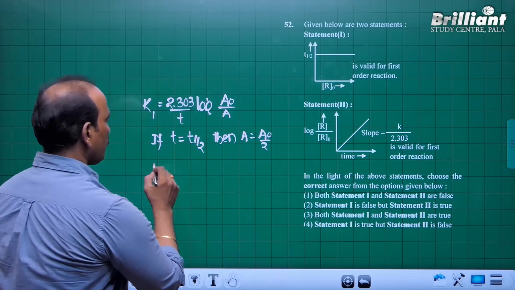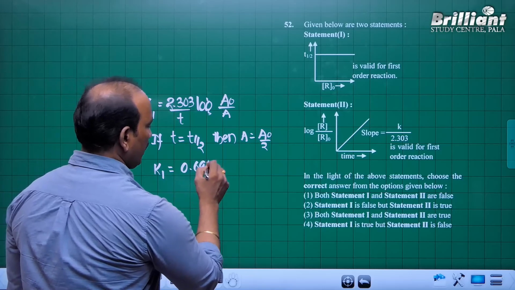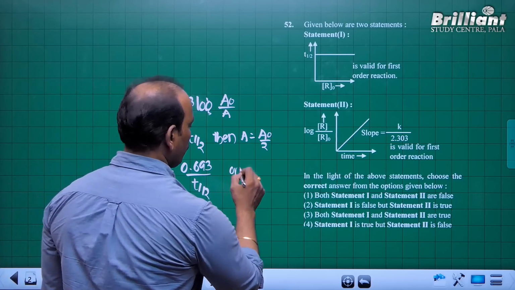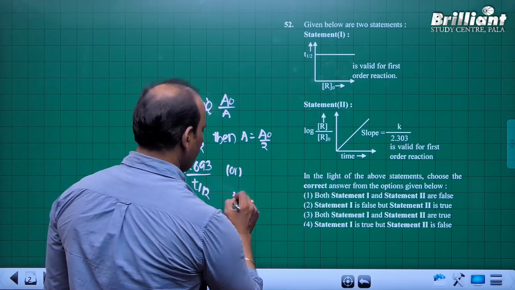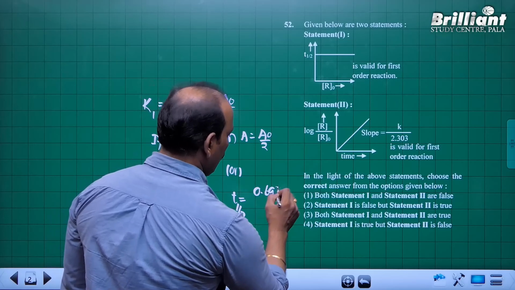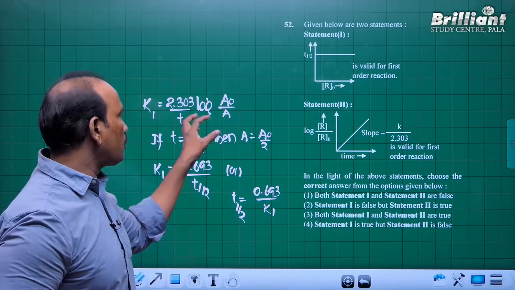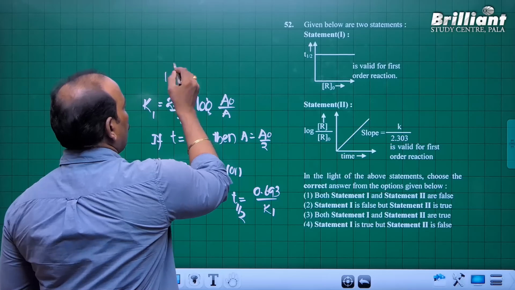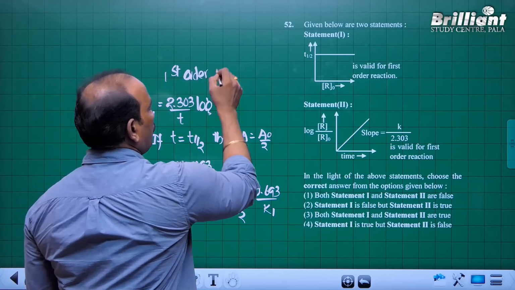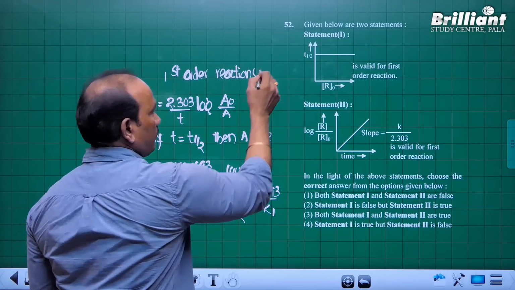We substitute here K1 equal to 0.693 by T half, or T half equal to 0.693 by K1. So this is for first order reactions.